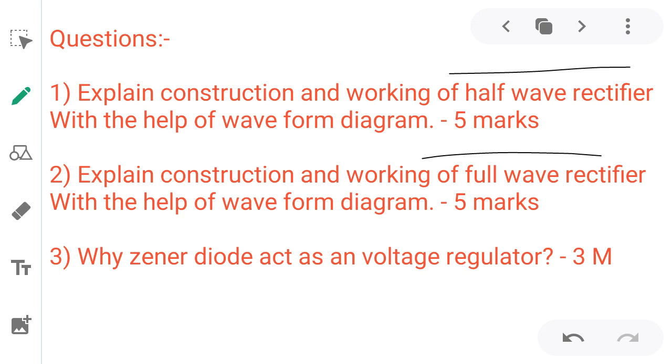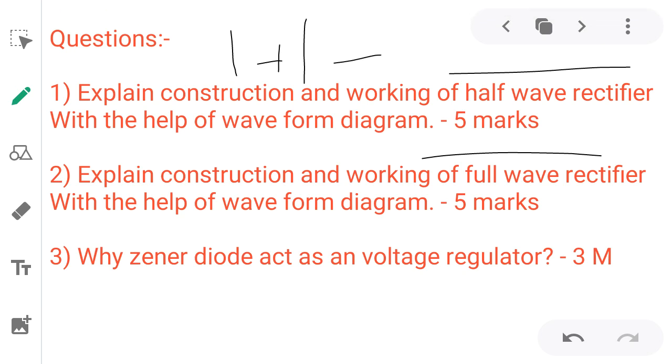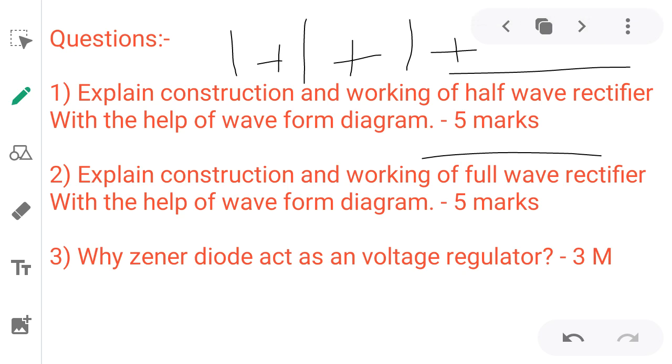How are these 5 marks distributed? 1 mark for the diagram, 1 mark for the waveform, 1 mark for its construction explanation, and 2 marks for its working explanation. Totally it is 5 marks.